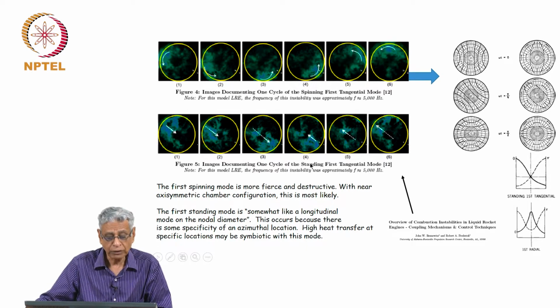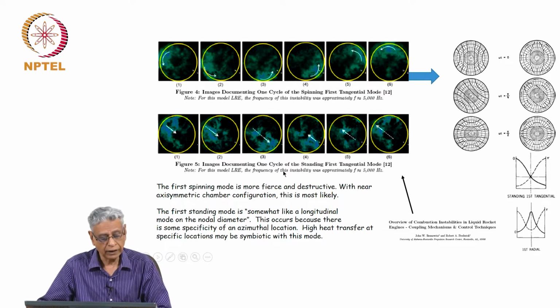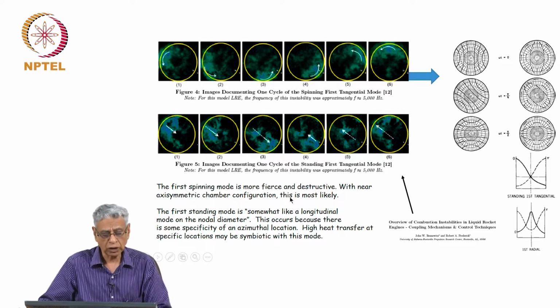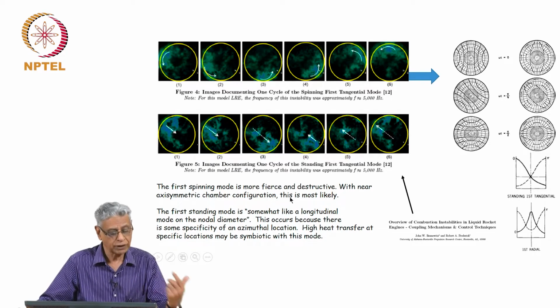It's also possible that it's a standing mode, which would mean that the mode will go from one end to the other end, as you see in these sketches. The spinning mode is far more fierce and destructive, and with near axisymmetric configuration, this is perhaps the most likely experience that one would get if there was instability.